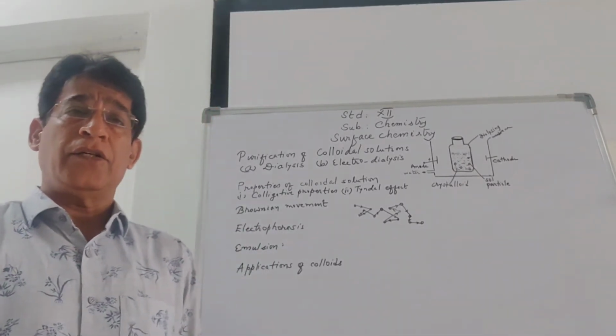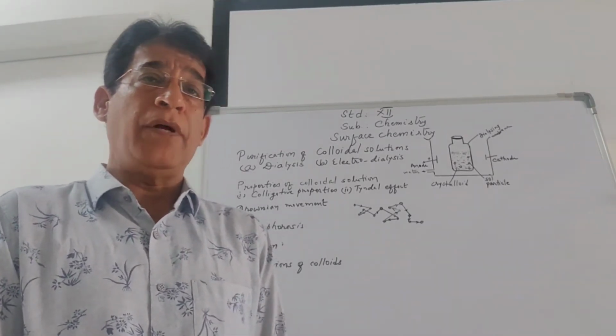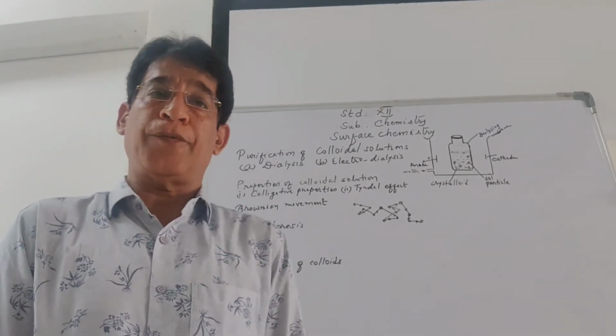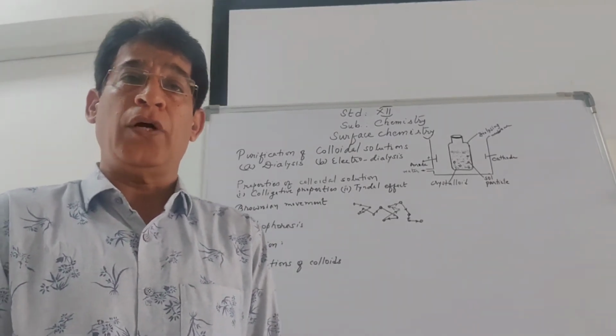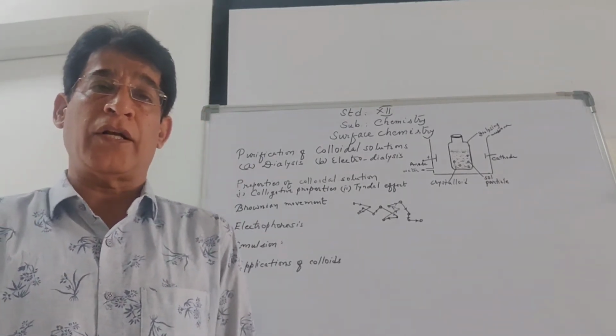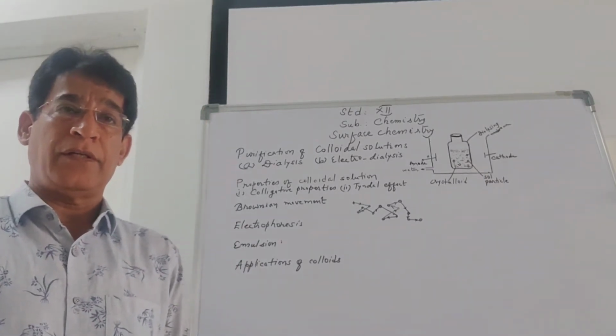Now, second, water in oil emulsion. The emulsion in which water forms the dispersed phase and the oil acts as dispersion medium is called a water in oil emulsion.